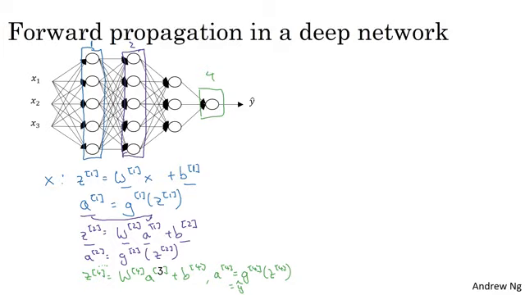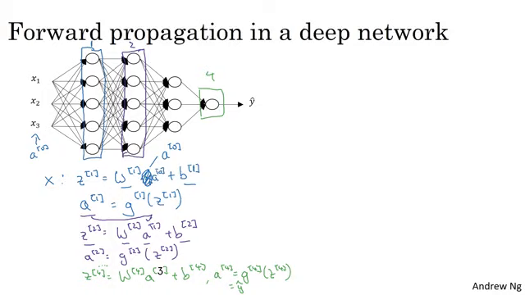And so that's how you compute your estimated output Y hat. Just one thing to notice, X here is also equal to A0 because the input feature vector X is also the activations of layer 0. So if we cross out X and put A0 here, then all of these equations basically look the same, right?